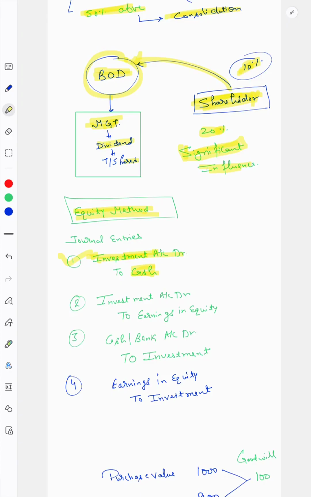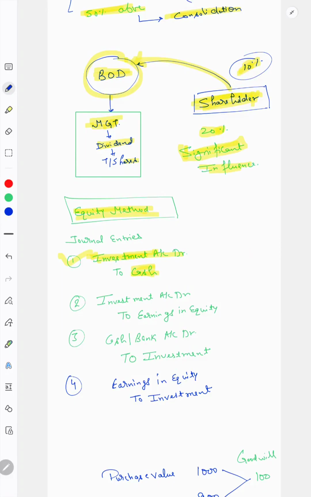However, the difference in the equity method is that as and when the company grows, our investment will also grow. This is the basic concept: if the company's income grows, our investment will also grow.